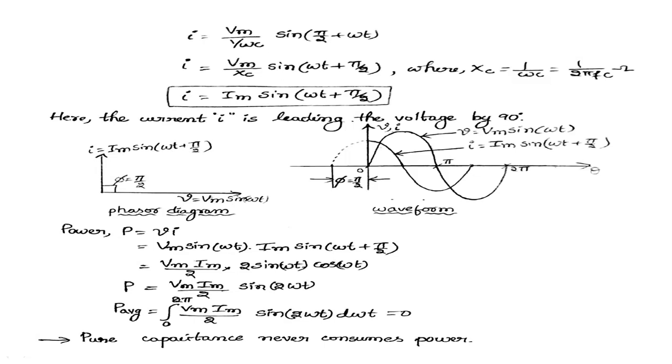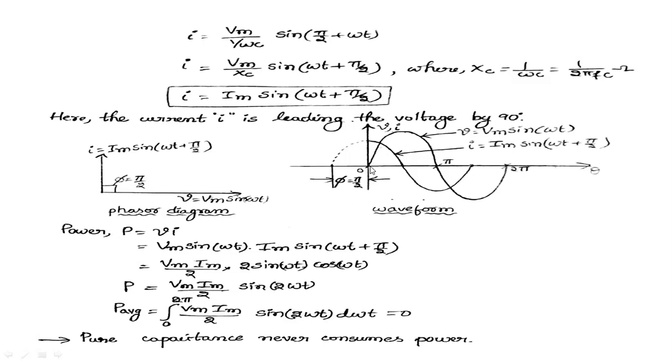The current leads the voltage by 90 degrees for the pure capacitor. With the help of this phasor diagram we can understand that. Then we come to the waveform.